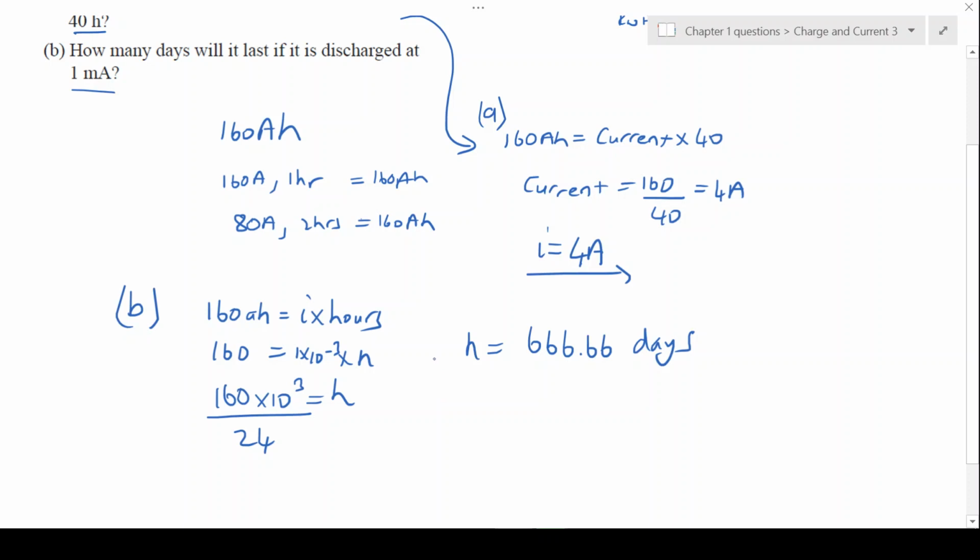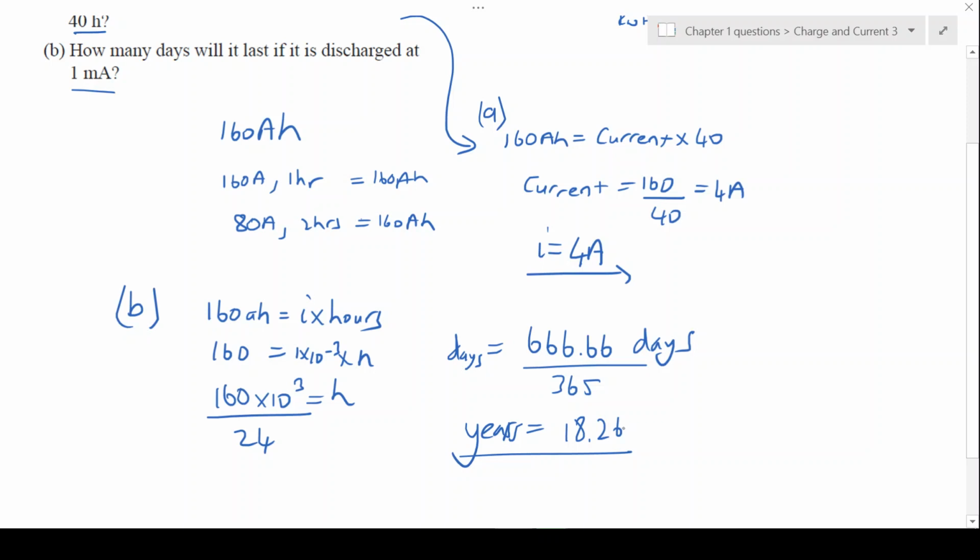Right? And we can perhaps get that in a better form, so let's take that to a number of years. How many days are in a year? So we can divide this by 365. If I divide the number of days by 365, then the number of years will give me 18.26.